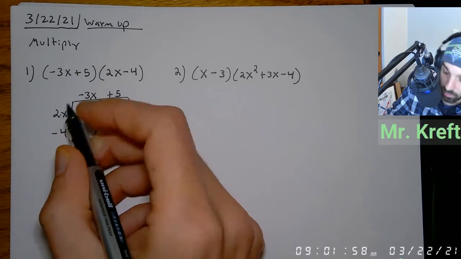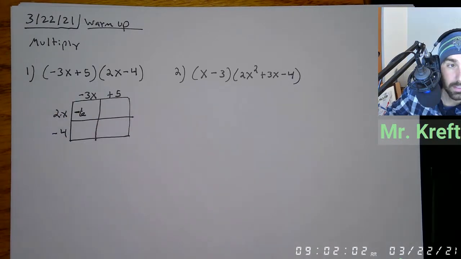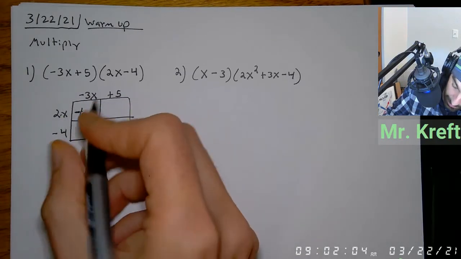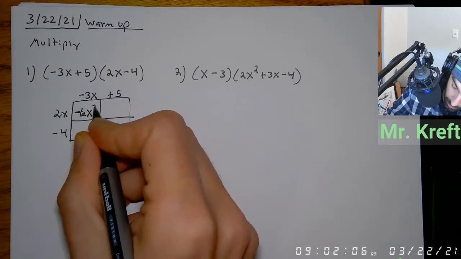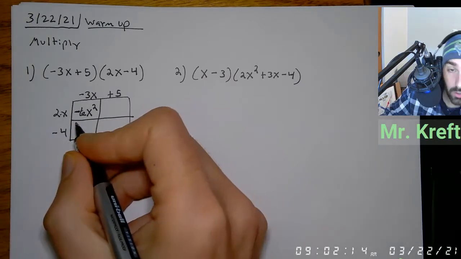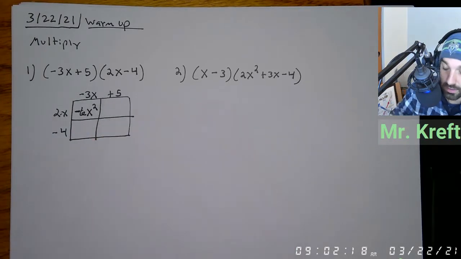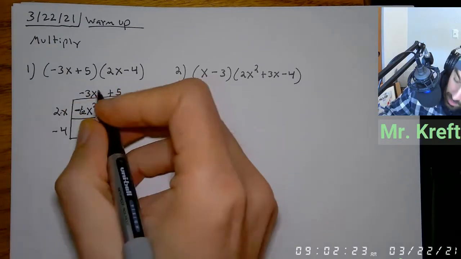So -3 times 2 is -6. And then x times x, that's x squared. Remember, when something multiplies by itself, right, that's x squared. And if it does it 3 times, that's x cubed. Also remember, guys, that calculators are super useful. So make sure you guys are using calculators to do that. Okay.